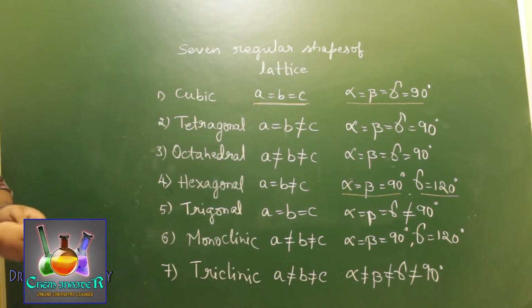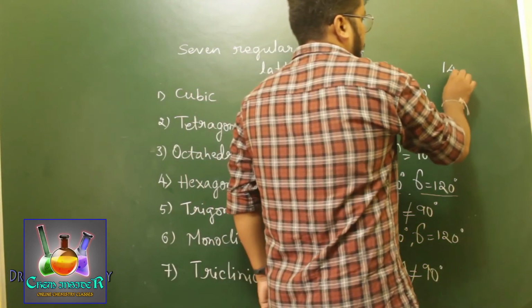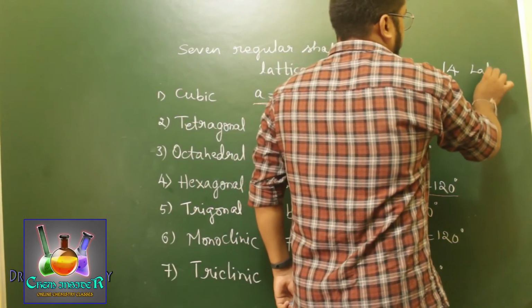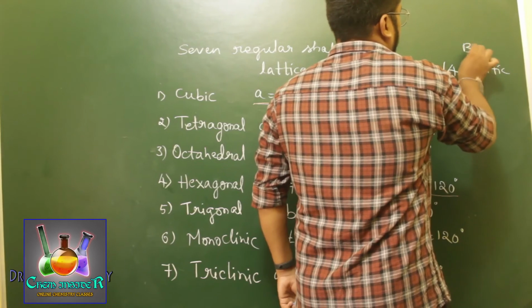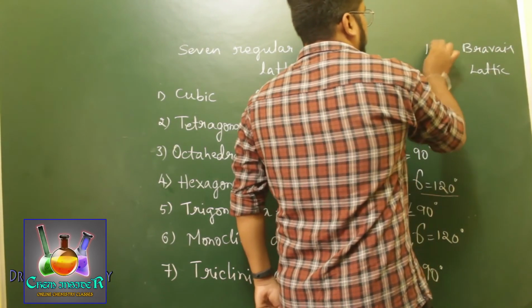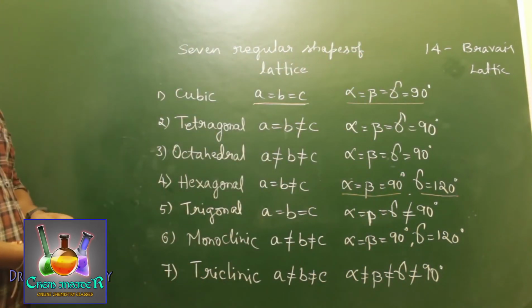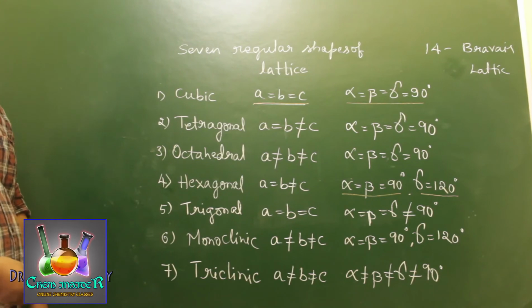So these 7 unit cells are further classified into 14 types of Bravais lattices. Bravais was a French scientist who discovered that a crystal lattice can have 14 shapes.